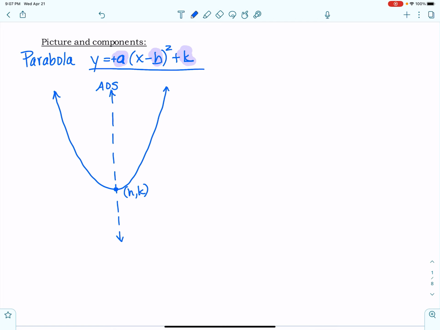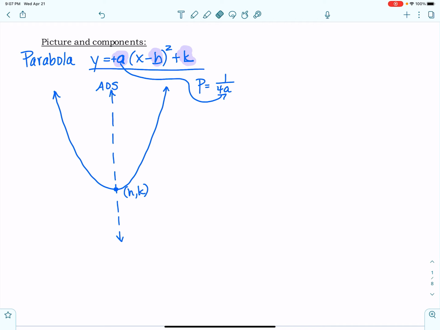Okay, now, other things that we need to know. There is a value we have to calculate for a parabola, and it is called p, and it is found by taking 1 over 4a. So whatever a is, that's the a I'm talking about right there, okay?